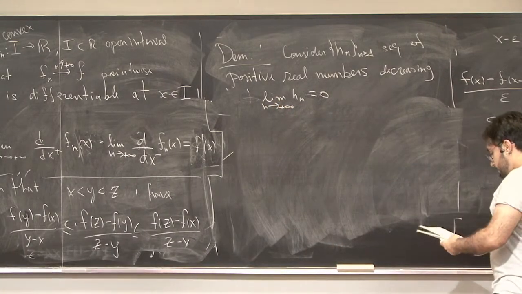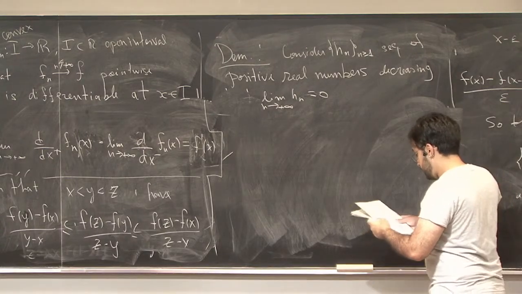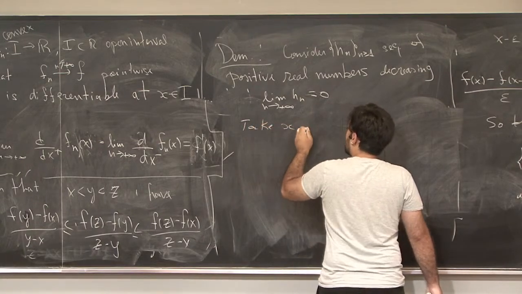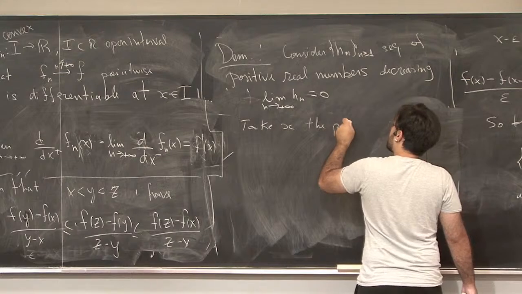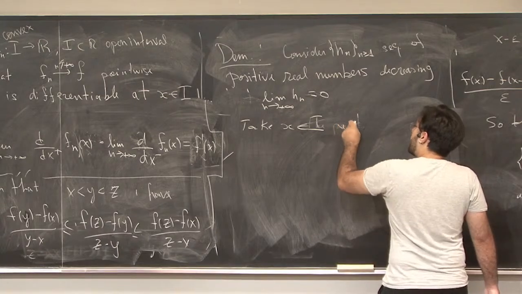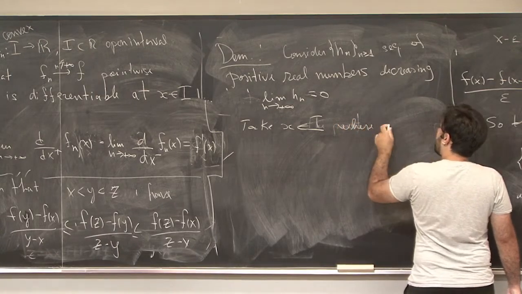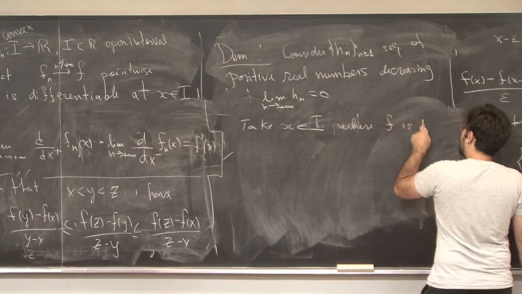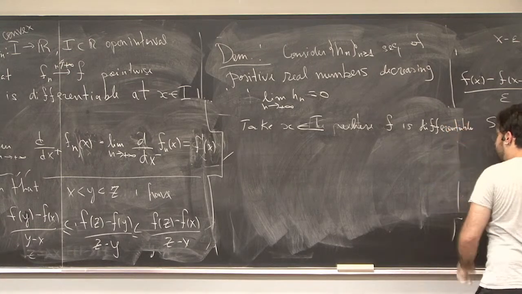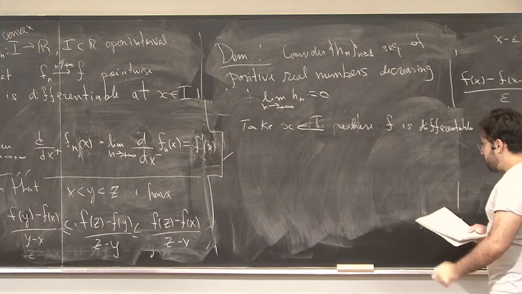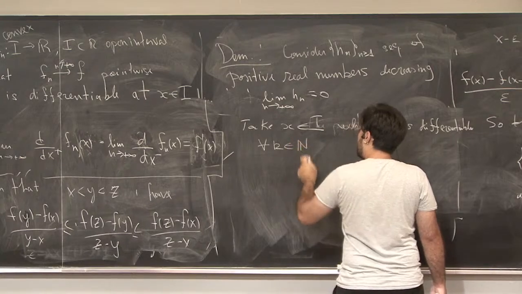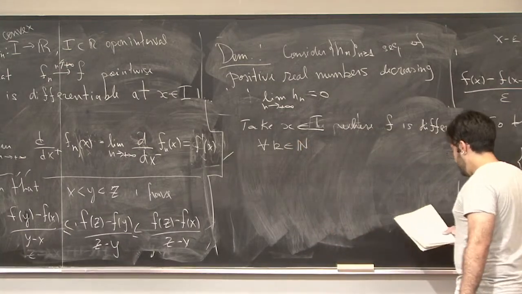What we want is the following. Take x, the point inside the interval, where we know that f is differentiable. So what we have is the following: for every k positive integer, for every natural number, it will hold the following.